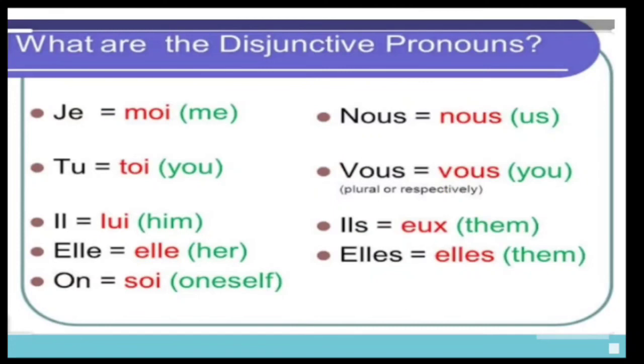Nous only, it means us. And vous, you. And eux, them. This is the disjunctive pronouns. What are the disjunctive pronouns? Moi, toi, lui, elle, soi, nous, vous, eux, elles. These are the pronom tonique.